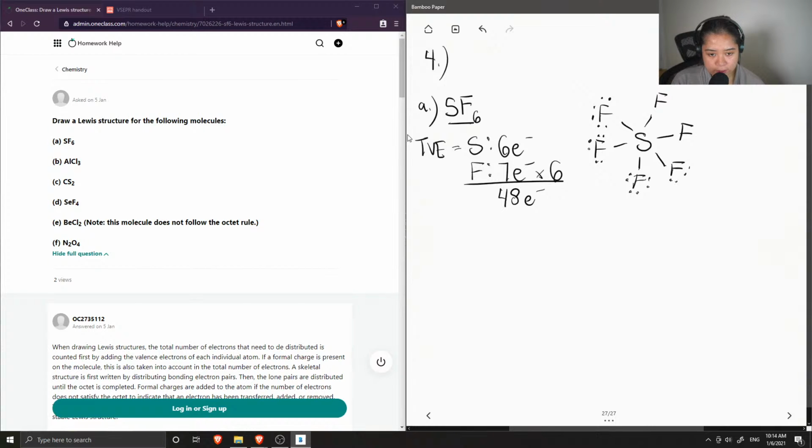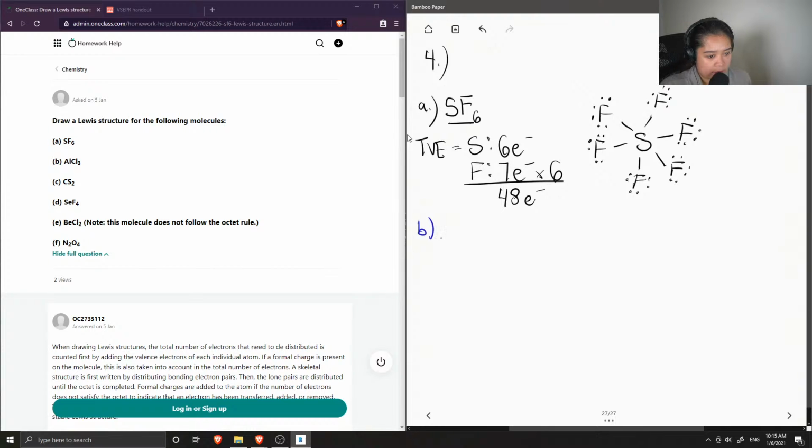If we recall that each bond contains 2 electrons, and we have a total of 6 bonds, that is 12 so far. And then each fluorine atom has 6 electrons in the form of lone pairs. So 6 times 6 is 36, plus 12 is 48. So this is the Lewis structure for sulfur hexafluoride.